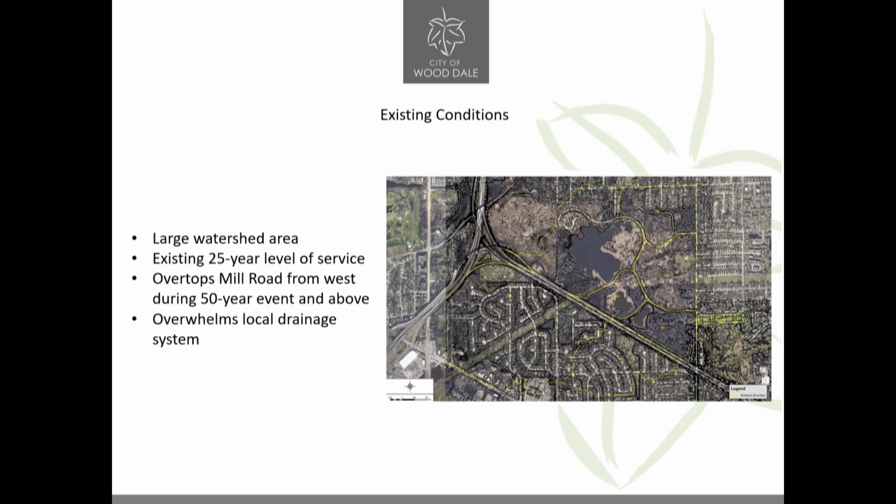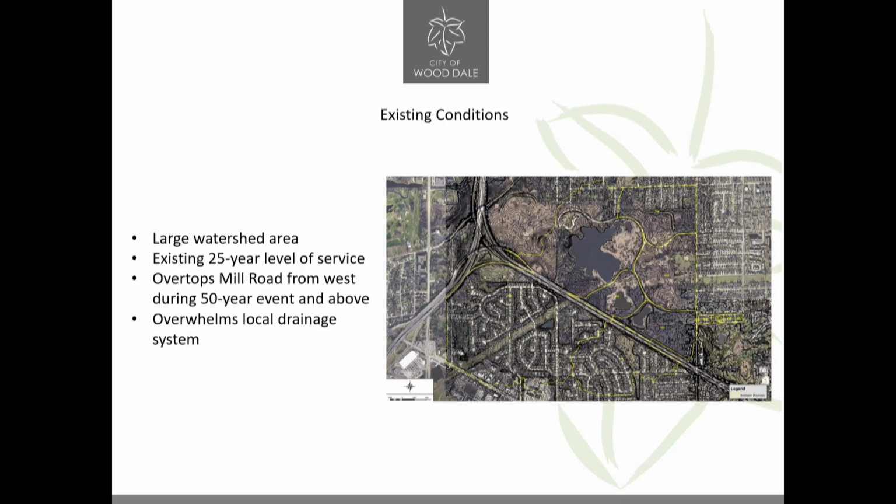Earlier this year, we entered into agreement with V3 Engineering, who is the group that has designed the Maple Meadows Golf Course improvements for the Forest Preserve District, to study the Mary Jane Lane and that southern Ward 3 drainage area to see if there was any opportunity for us to join in their project to provide some benefit to this area.